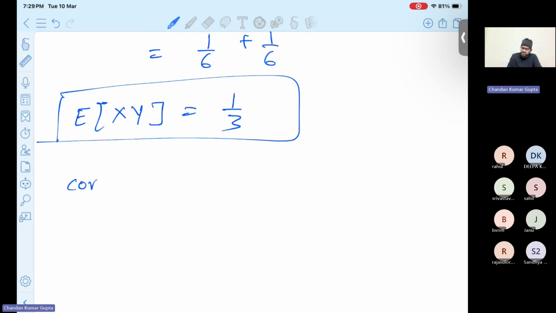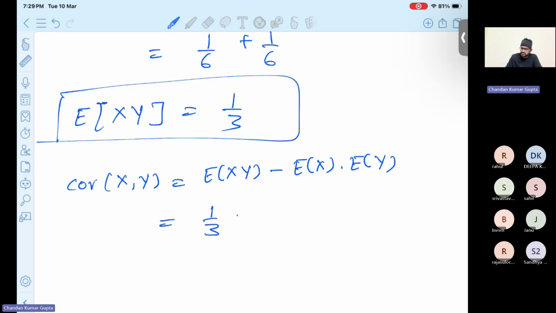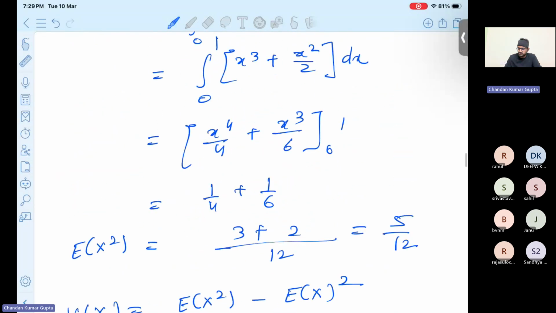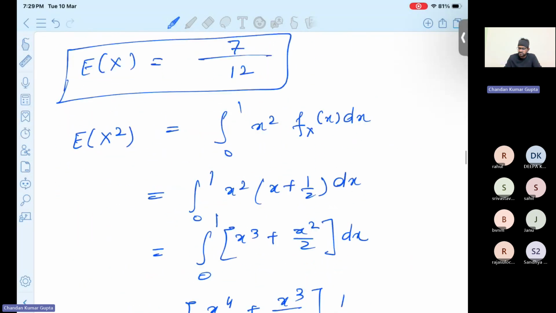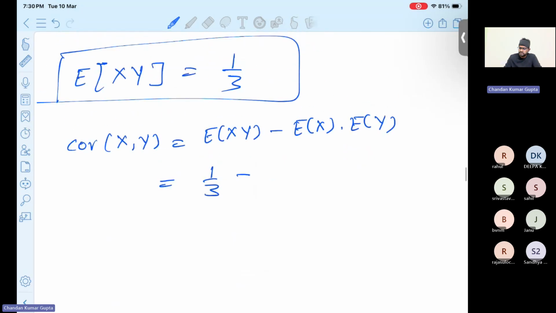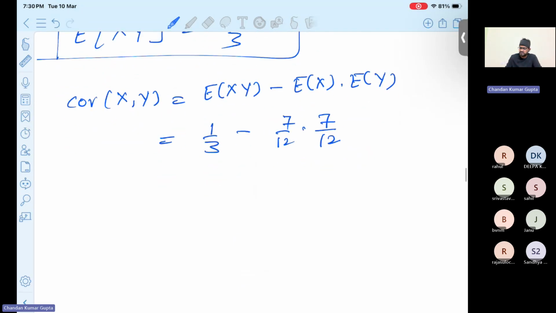Now the next step is to find the covariance between x and y, which is the expectation of xy minus expectation of x times expectation of y. It comes out to be 1 by 3 minus the expectation of x, which is 7 by 12. Similarly, the expectation of y is 7 by 12.